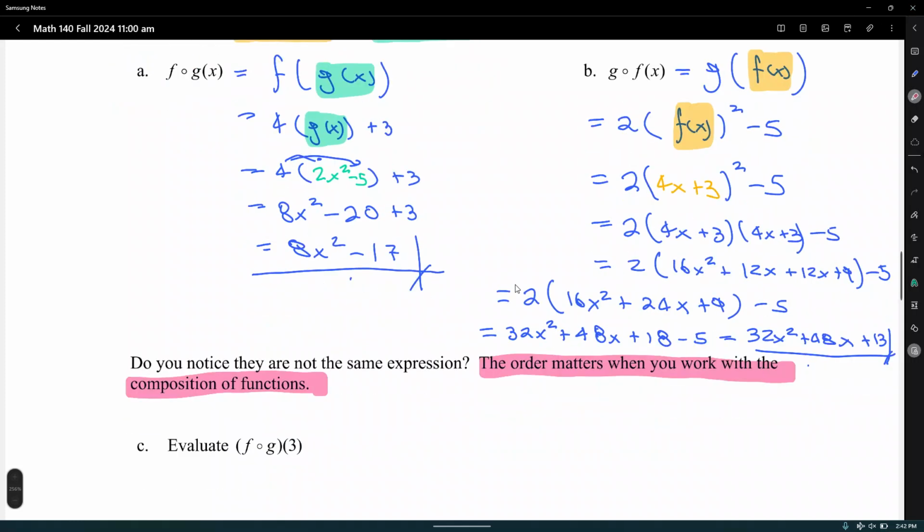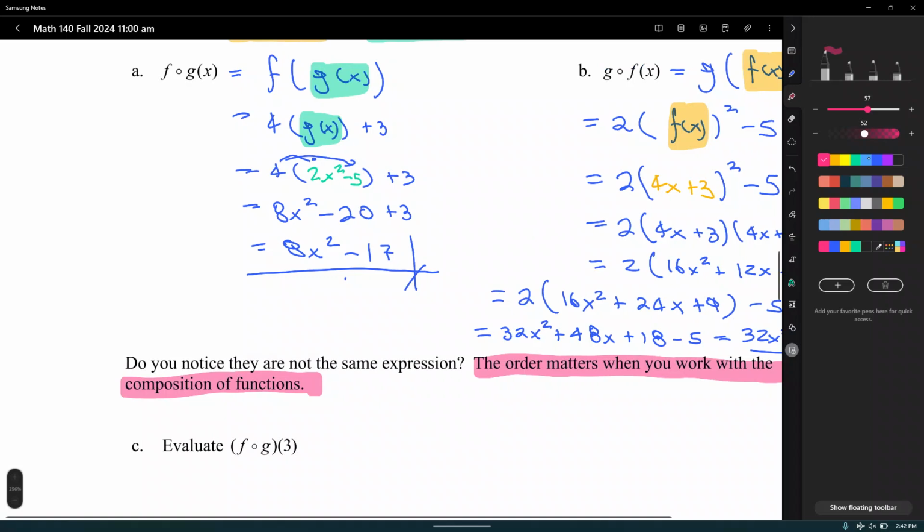All right, so let's use one of the results from part A or B to evaluate f composite g at 3. They're asking us to evaluate f composite g, so let's highlight it. That refers to this function right here, 8x squared minus 17, evaluated at 3.